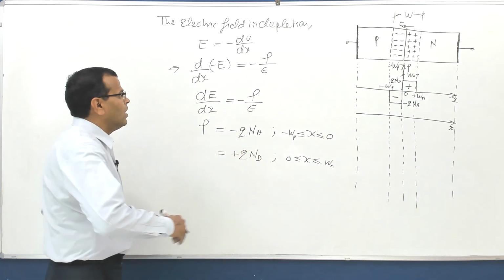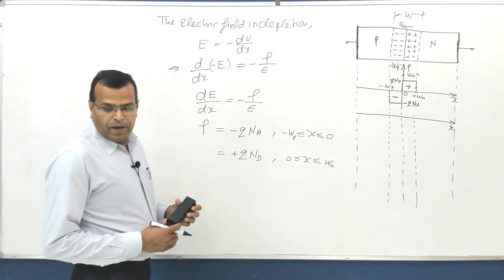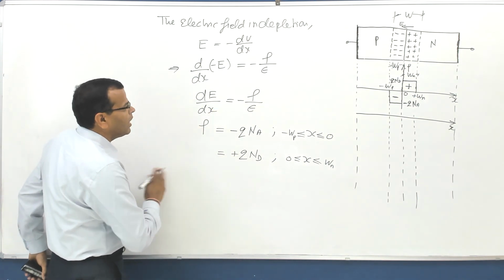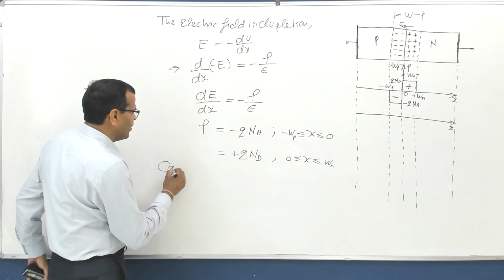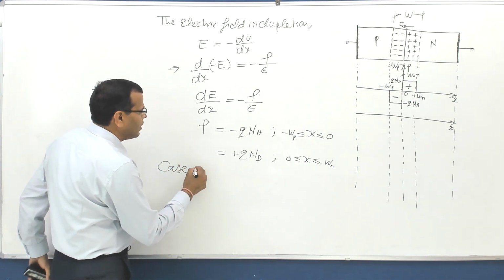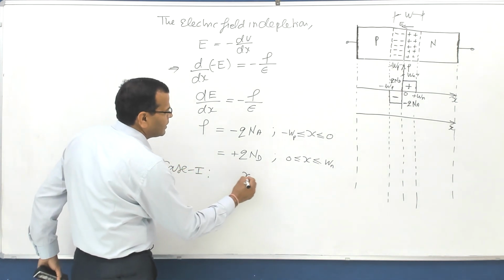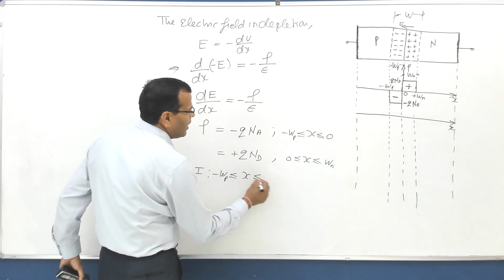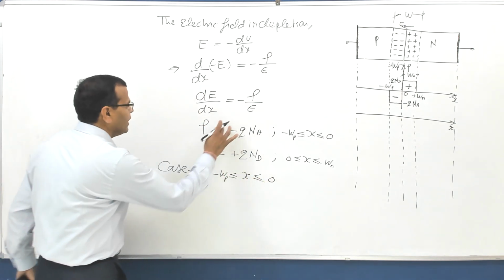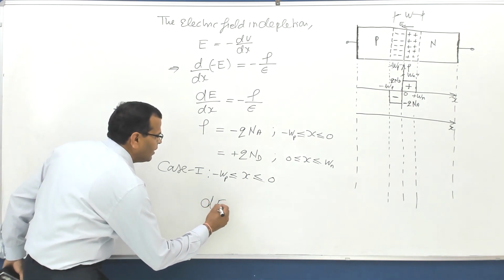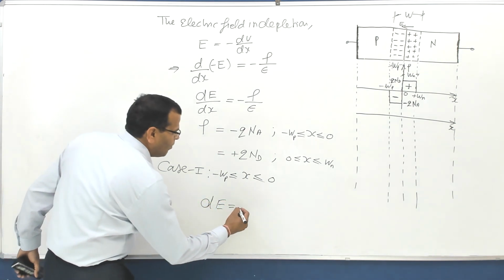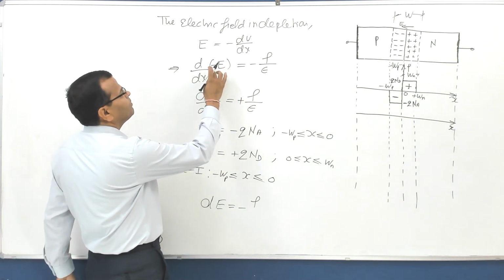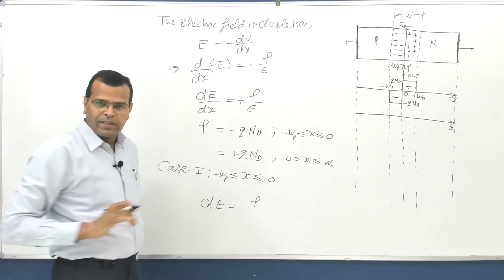Now if you write this expression, I'll take case 1. Case 1 is: I am taking x greater than or equal to minus WP and less than or equal to 0. So what do I get? dE is equal to rho by epsilon, the minus gets cancelled out.